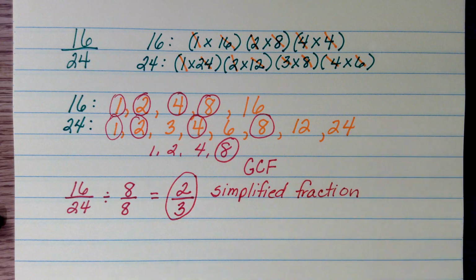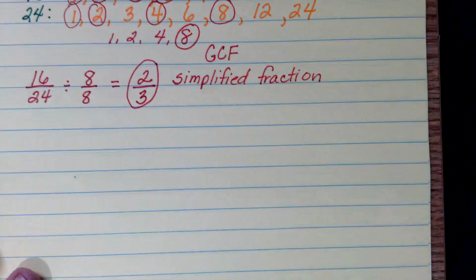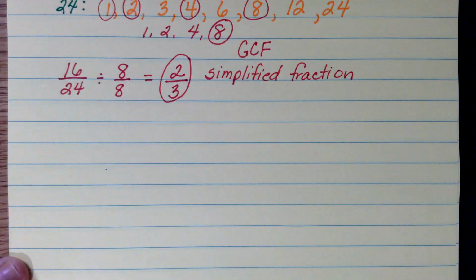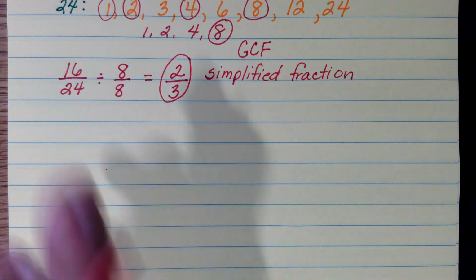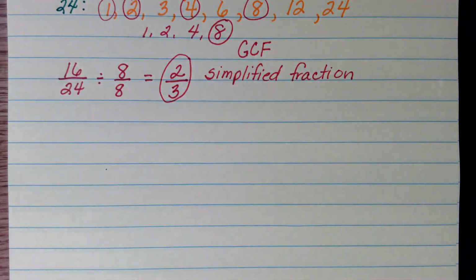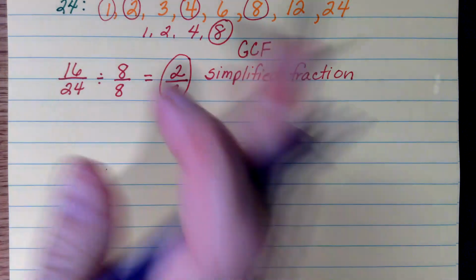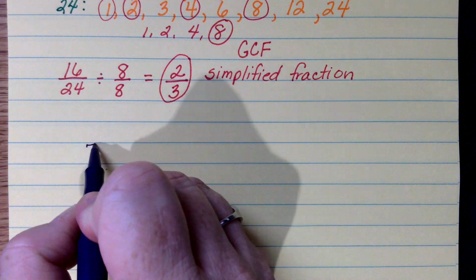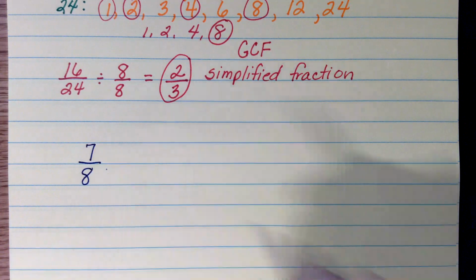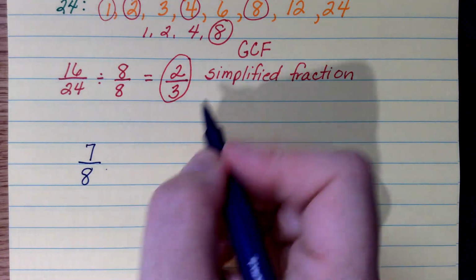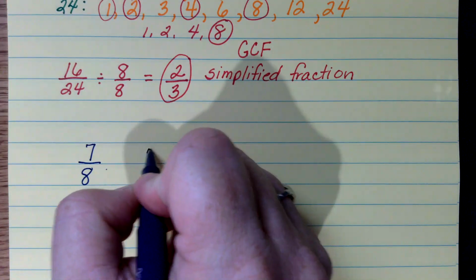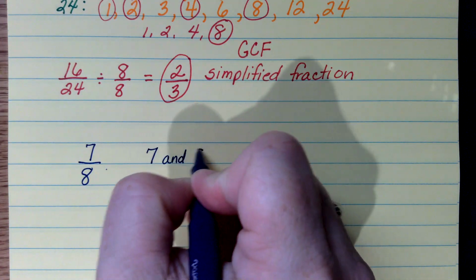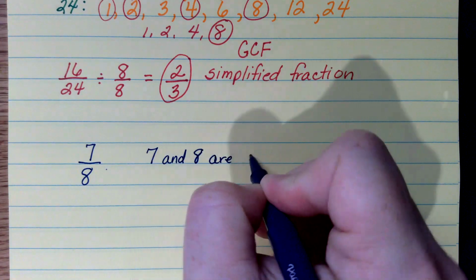So here's a cool fun fact for you, just so you know. Anytime you have a fraction and the numerator and the denominator are consecutive numbers, that means the numbers are side by side when you're counting. So let's say you have 7/8. These are consecutive numbers. 7 and 8 are consecutive numbers. They're side by side.